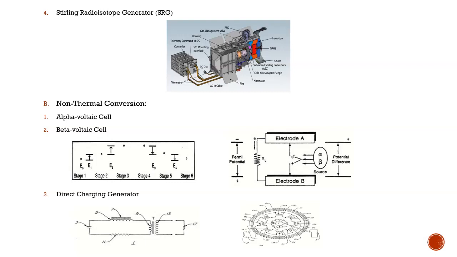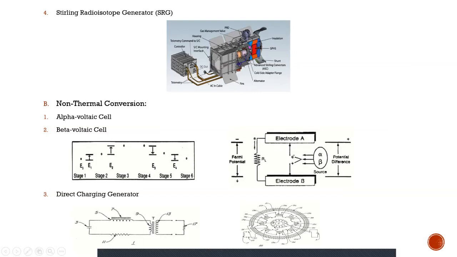Now we have beta voltaic cells. Here we can see that there are two electrodes available, one is A and suppose the other is B. Alpha and beta particles are emitted or bombarded at the same time.